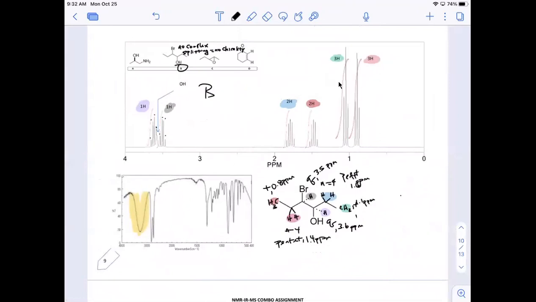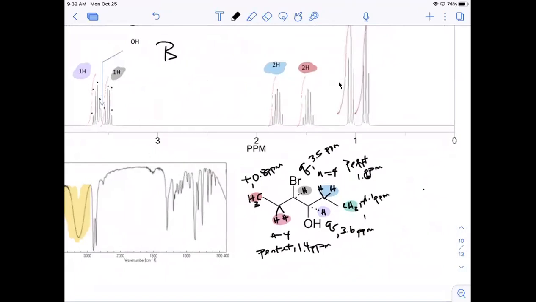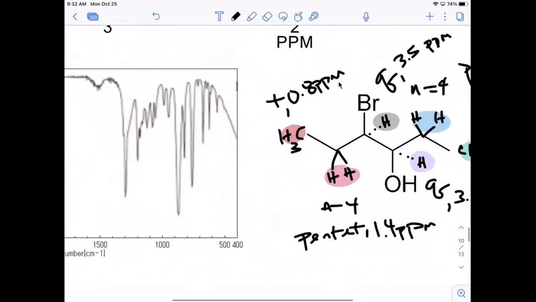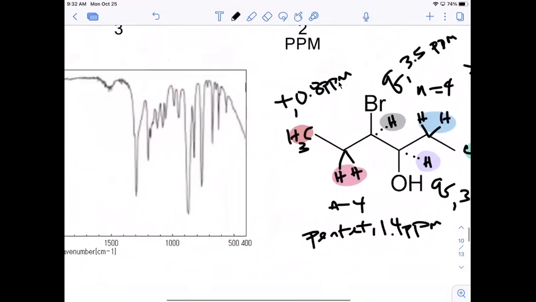There's another aspect or another part to the infrared too. This little peak right here that you see is about, let me see, right at about 1100, about 1200.